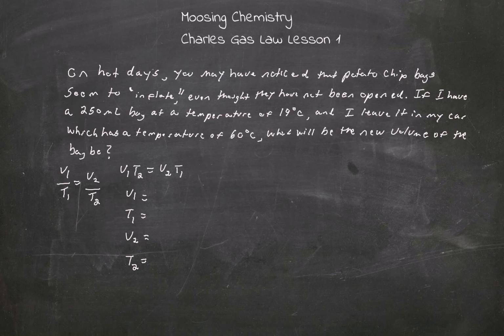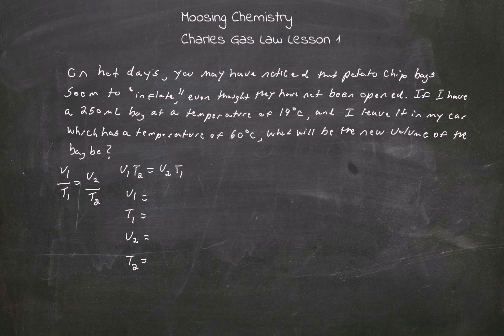So now in our second problem, we have a different situation. On hot days, you may have noticed that potato chip bags seem to inflate even though they have not been opened. If I have a 250 milliliter bag at a temperature of 19 degrees Celsius and leave it in my car, which has a temperature of 60 degrees Celsius, what will the new volume of the bag be? Well, let's go ahead and figure out what we have first.